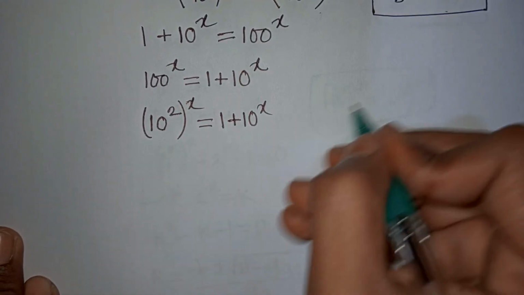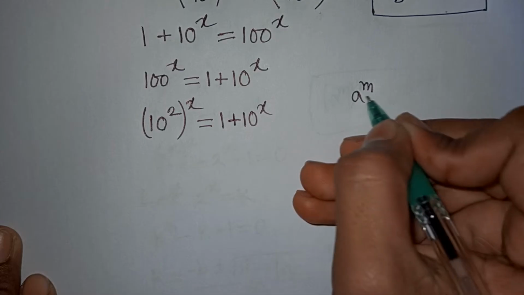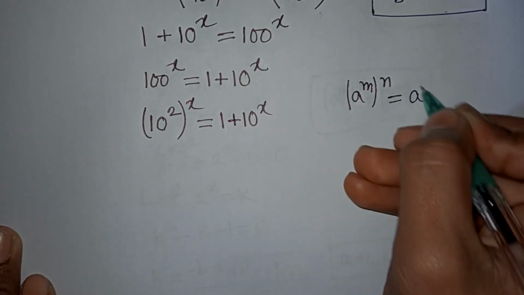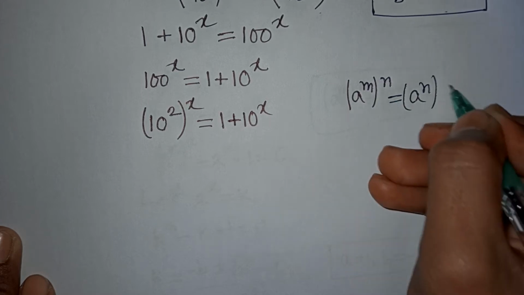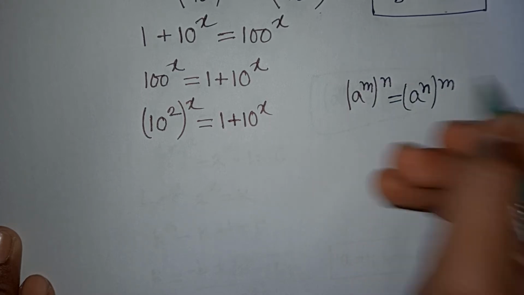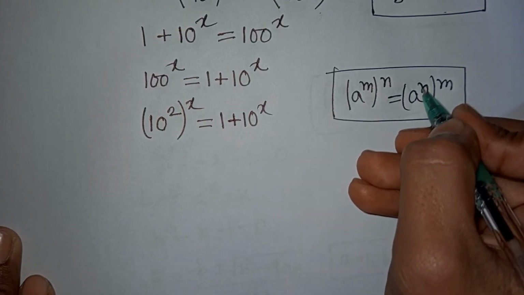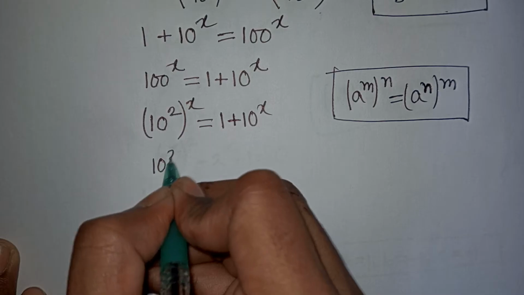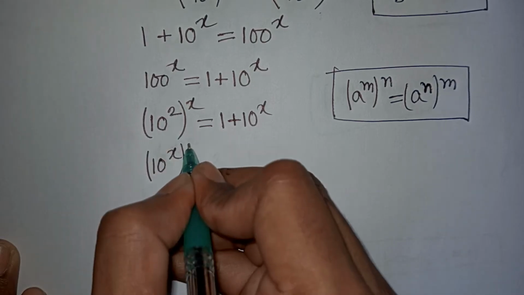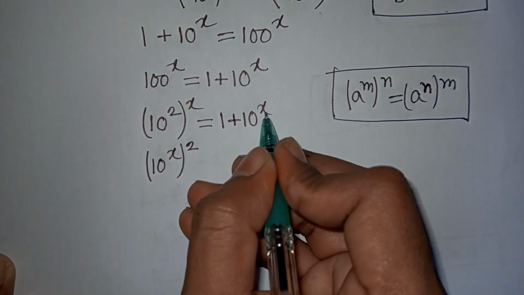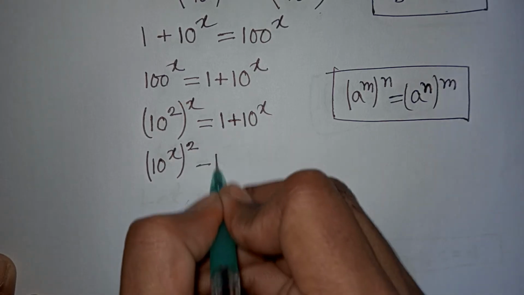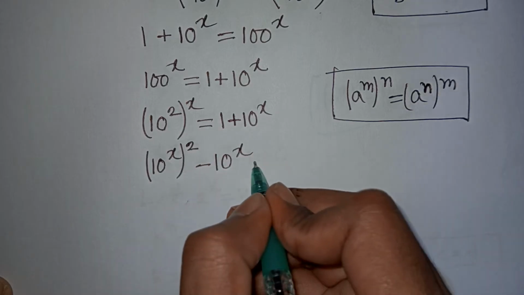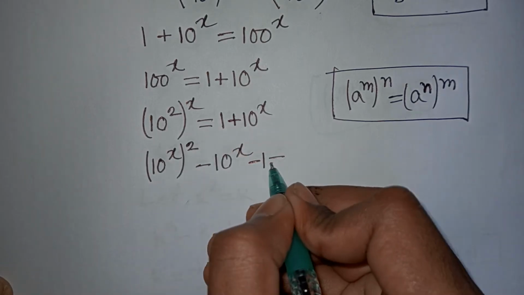Now, here we apply this exponential rule that (a^m)^n is equal to (a^n)^m. So, it will be (10^x)^2. This plus 10^x, take to the left side, so this will be minus 10^x, and also this plus 1, take to the left side, so this will be minus 1 is equal to 0.